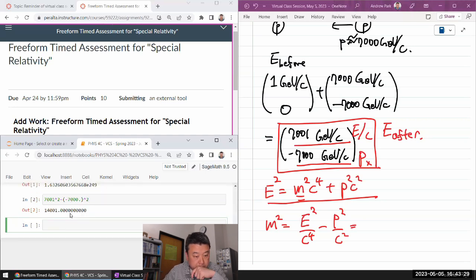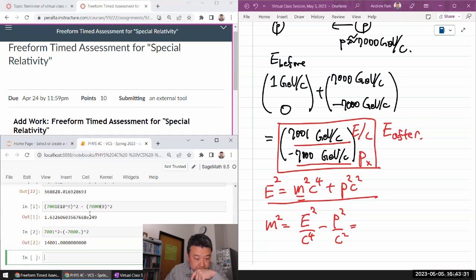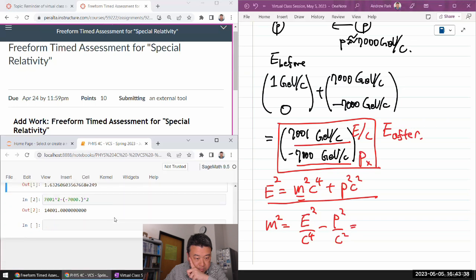And what do I get? Oh yeah, I think that makes sense. I think I had trouble interpreting the number, that I missed this power of 10.